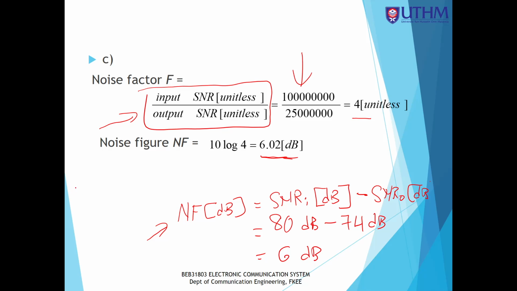If you still remember, for A total, A1 multiplied with A2 multiplied with A3.